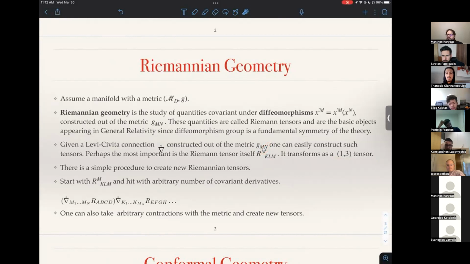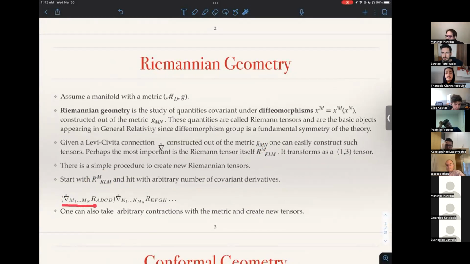So there is a simple procedure in Riemannian geometry to create new tensors out of the Riemann tensor. We start with the Riemann tensor, and we just hit it with an arbitrary number of covariant derivatives. Here the covariant derivative is again the Levi-Civita connection. The simple circle symbolizes the Levi-Civita connection, because we're going to talk about more general connections later on in the talk.